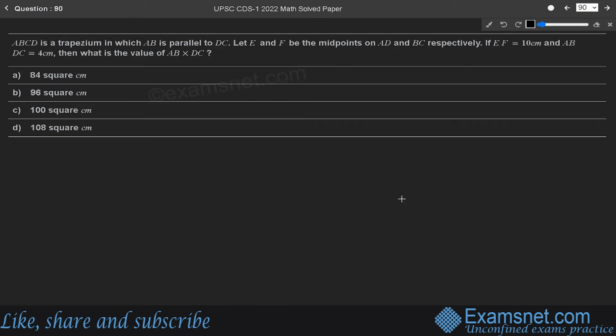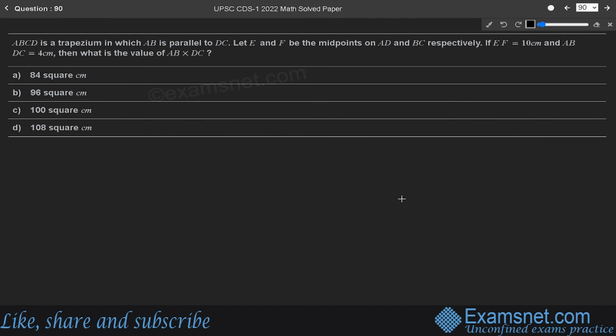Next question is, ABCD is a trapezium in which AB is parallel to DC. Let E and F be the midpoints on AD and BC respectively. If EF is equals to 10 centimeter and AB minus DC is equals to 4 centimeter, then what is the value of AB into DC?